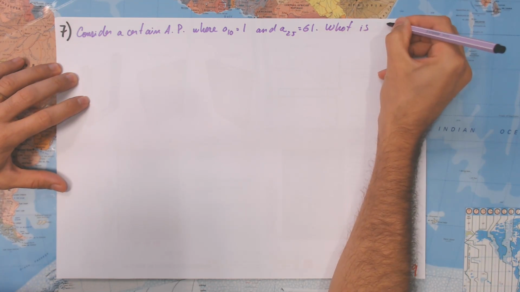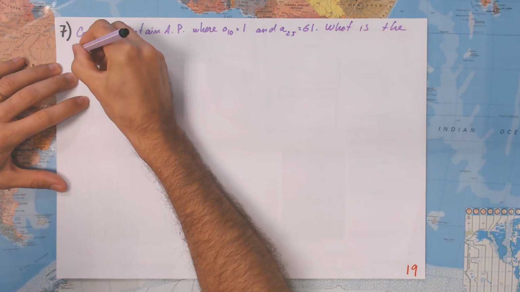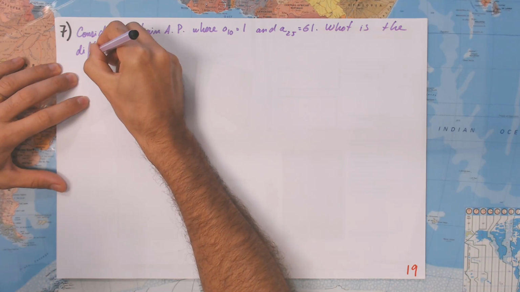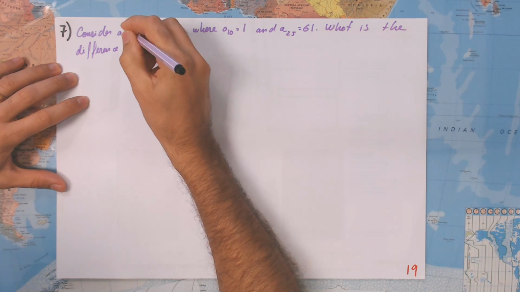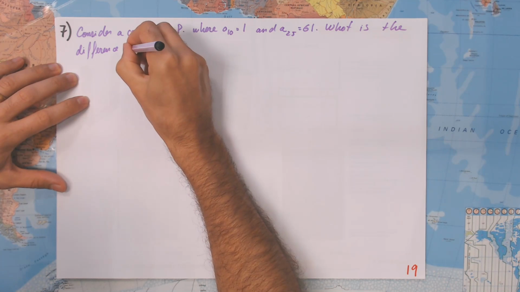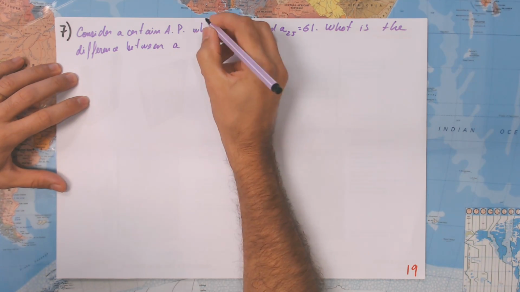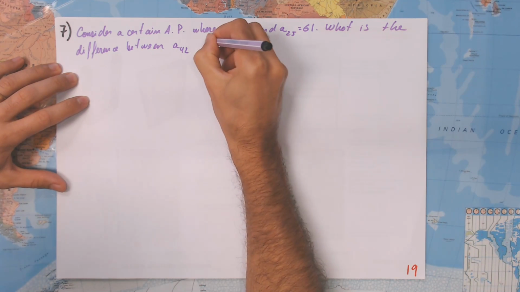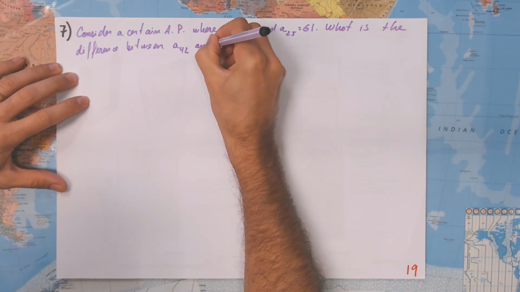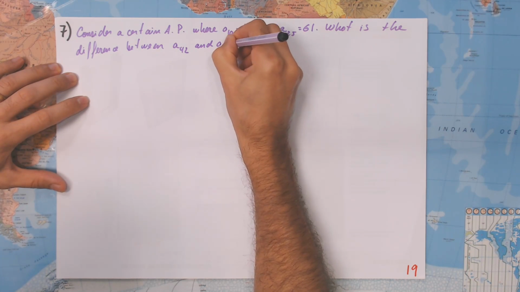What is the difference between the terms A42 and A14?